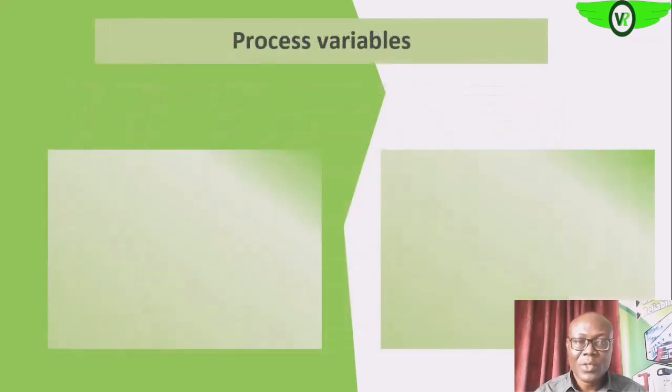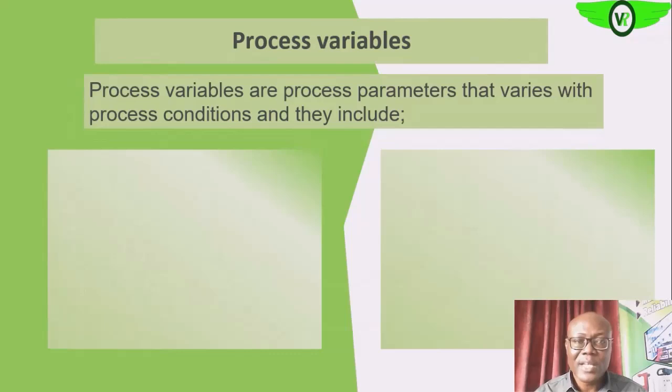Okay, so in all of these processes, like we said before, there are some parameters that vary or change with the conditions of these processes, and as these parameters change, they have the capacity to affect the outcome of the process.